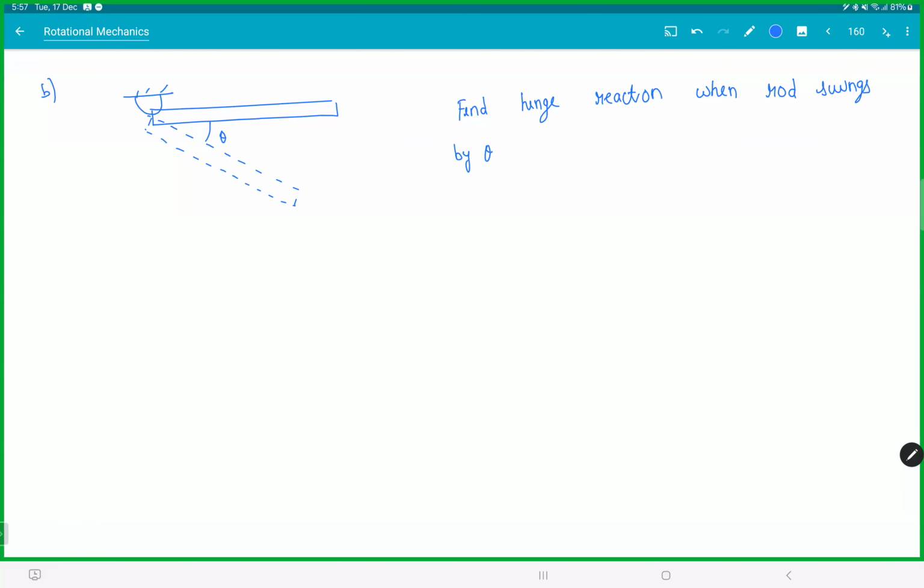We can do it right now actually. Let's try. I'll give 2-3 minutes. If this rod swings by an angle theta, then find the hinge reaction. At least let's get the equation. Solving, but I will leave it to you.